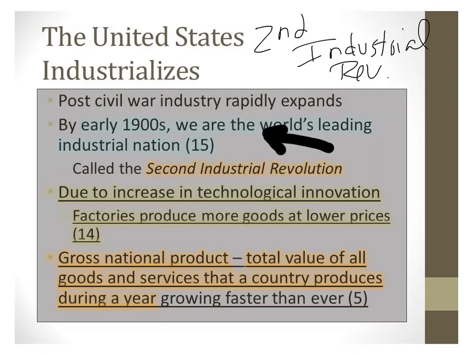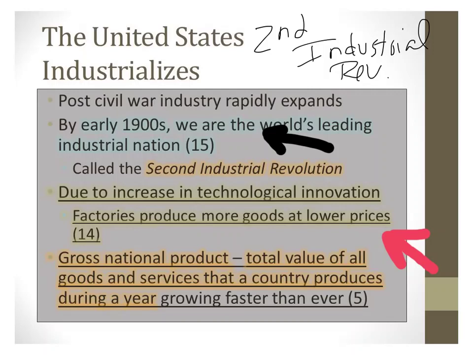So the question as we talk about this is why is that going to be? What is it that's going to allow our nation to produce more goods at lower prices? Because that's exactly what's going to help us become this leading powerhouse, that our nation is going to be able to produce more than any other nation on earth, and we're going to produce it at such a low price that people are going to be able to buy it.